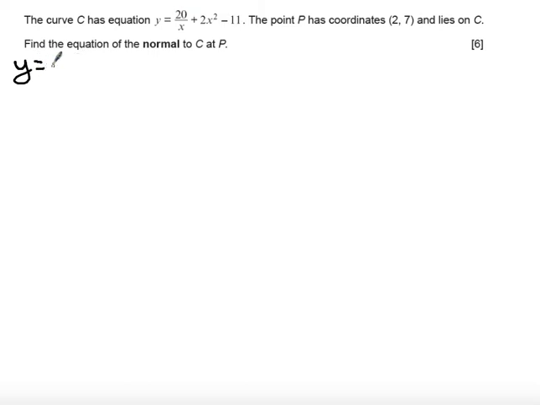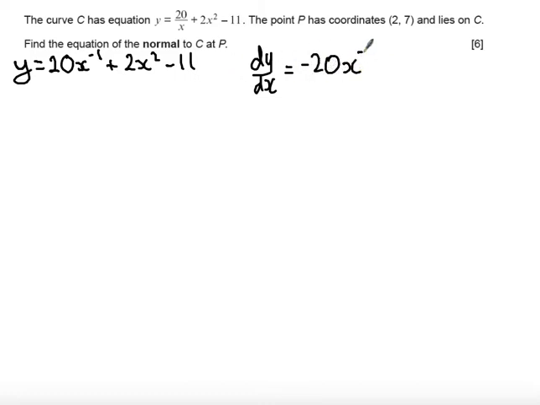First I'm going to rewrite the equation in index form. That's rewriting the reciprocal as an index so that I can differentiate it: plus 2x squared minus 11. Then I am going to differentiate it. So I get minus 1 times 20 is minus 20, x, decrease the power by 1, which is minus 2.